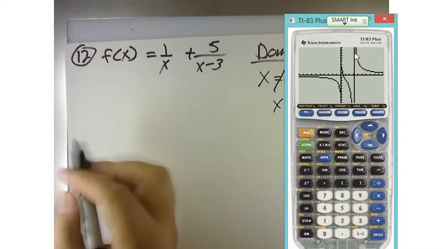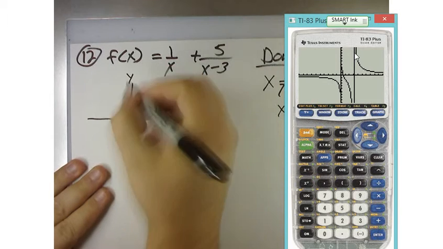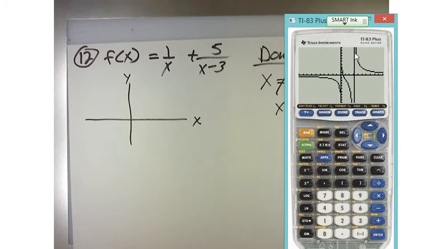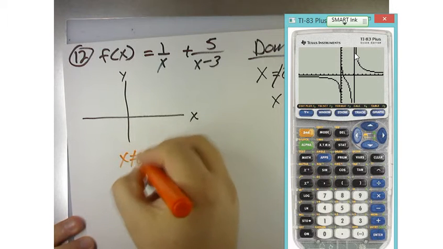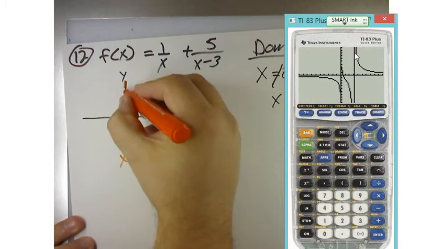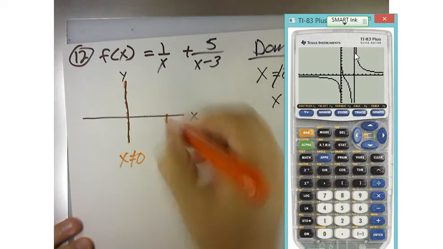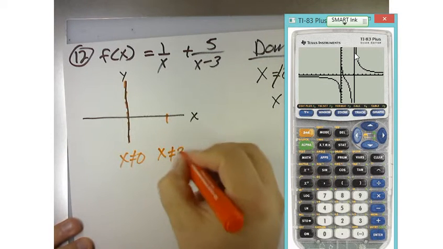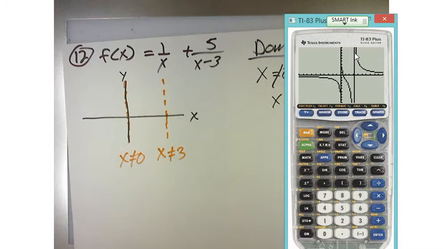Well, let's look at the graph. All right, so I have x cannot equal 0, a vertical asymptote here, and x cannot equal 3, so I have another vertical asymptote here, okay?